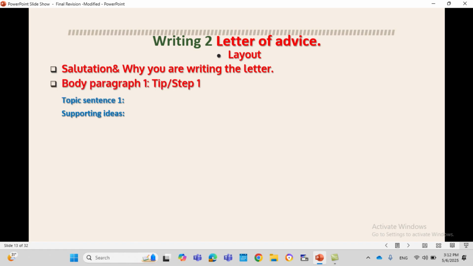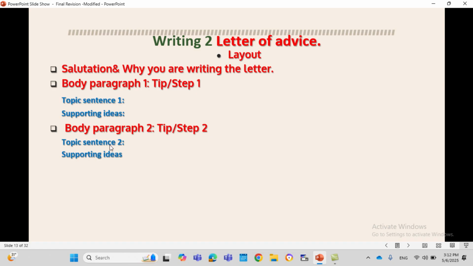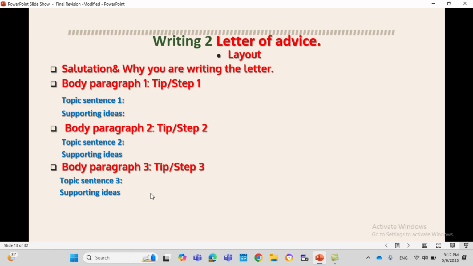After that, we turn to body paragraph 1, which contains tip or step 1, the first advice. You start the advice and supporting ideas. Body paragraph 2, tip or advice number 2: topic sentence, then supporting ideas for your advice. Remember, this is a letter of advice.